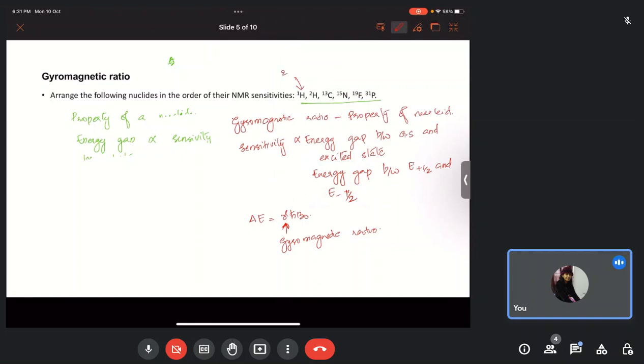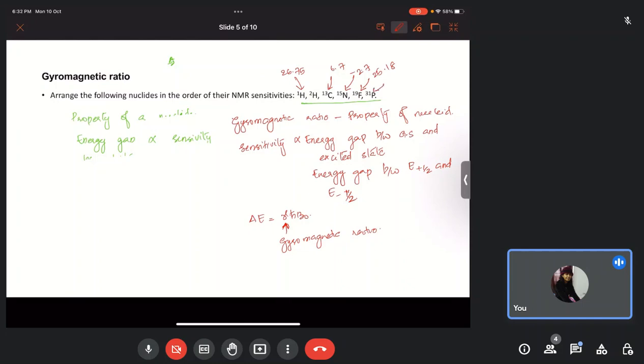For proton it is 26.75. For 13C carbon, it is 6.7. For 15N it is minus 2.7. For fluorine it is 25.18.